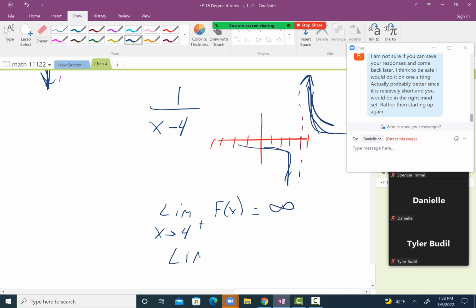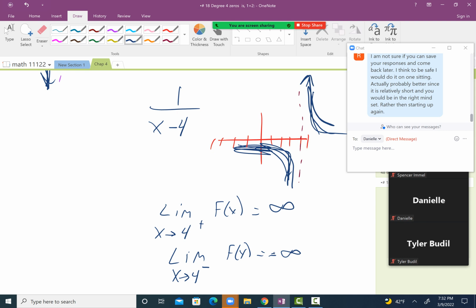But the limit of f of x as x approaches 4 from the negative side, coming in from this side, is going to be negative infinity. So they're bending away from each other, and that's a sure sign of having an asymptote at that vertical line, wherever that number is on the bottom.